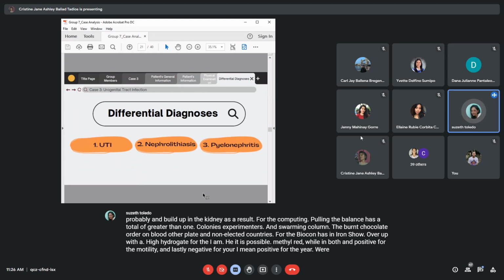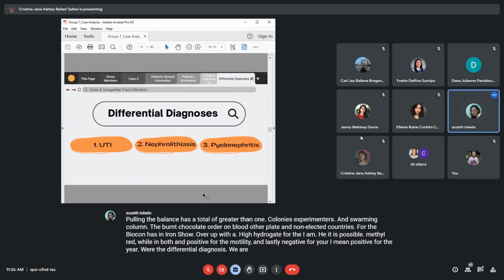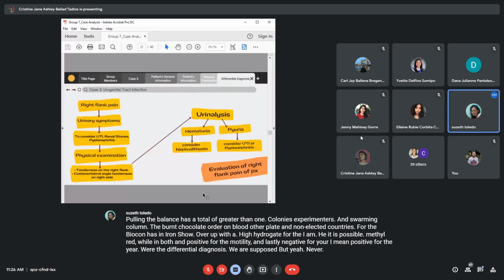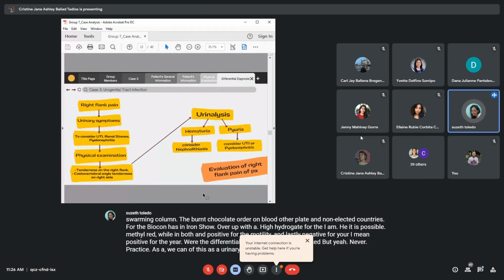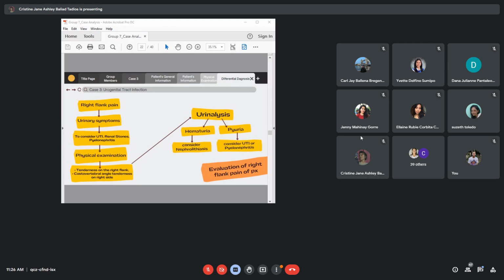For the differential diagnosis, we have three possibilities: UTI, nephrolithiasis, and pyelonephritis. We can observe this as a urinary symptom, and then we can consider this as UTI or the presence of renal stones and pyelonephritis.